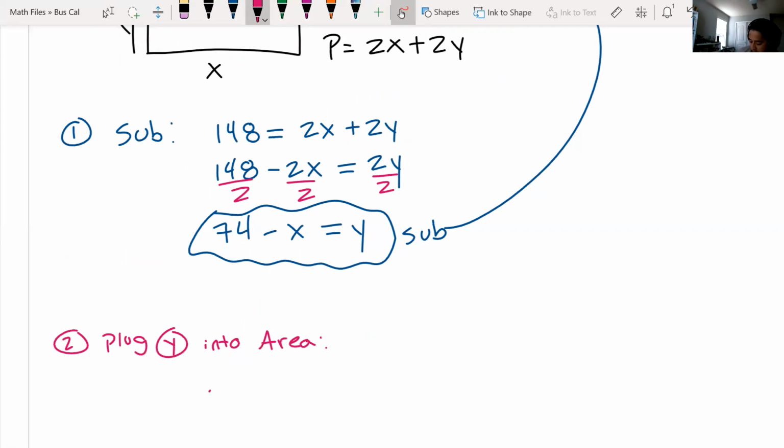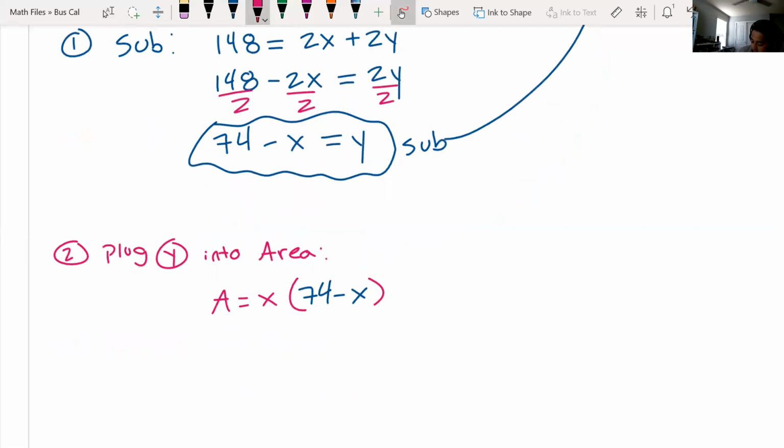So we're going to get A equals x times y, which is 74 minus x. So that's our new y value, 74 minus x. Distribute the x, and you'll get 74x minus x squared.